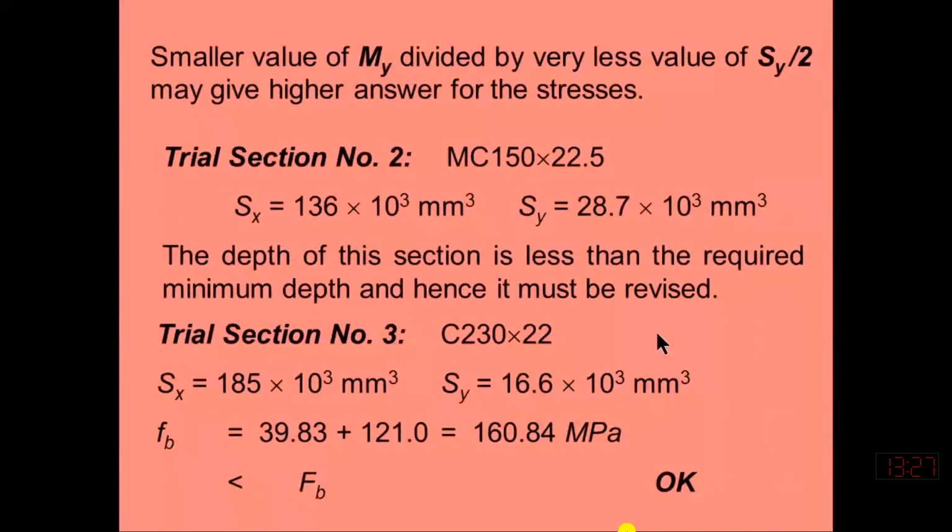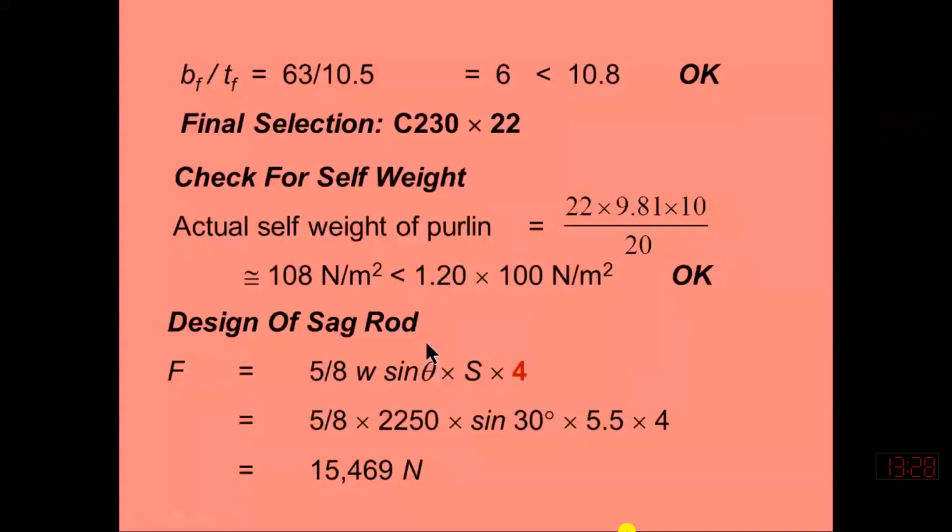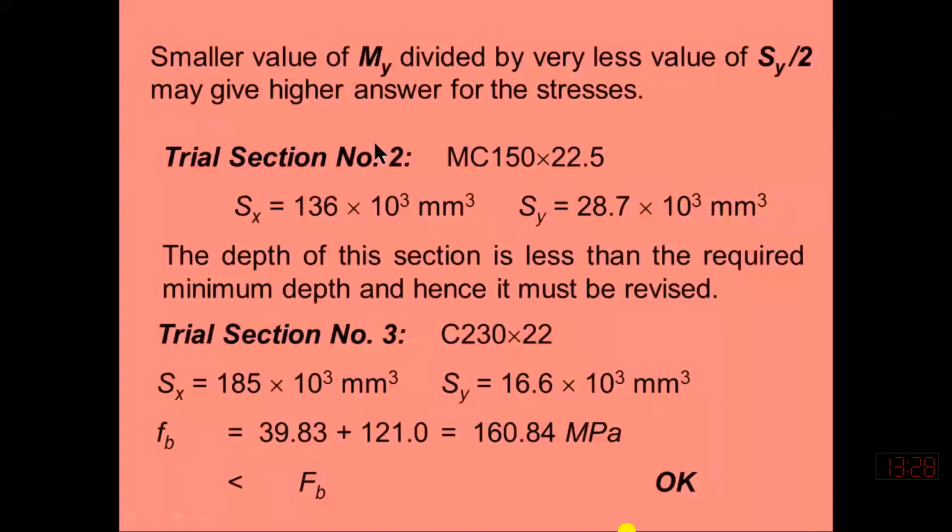So these are the trial sections available: trial section 2, trial section 3. Out of these, we apply the check on this section. If we check the bending strength, the section modulus about the x-axis of this section is 185 and about the y-axis is 16.6.